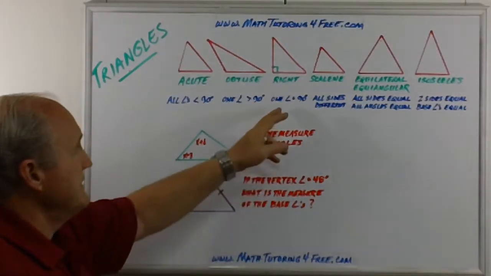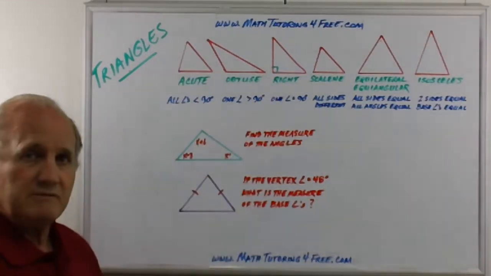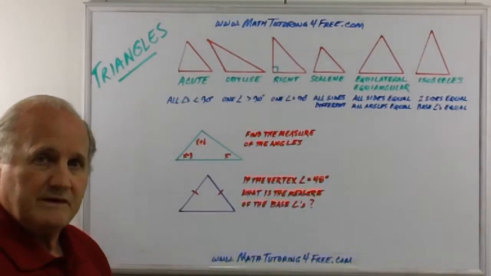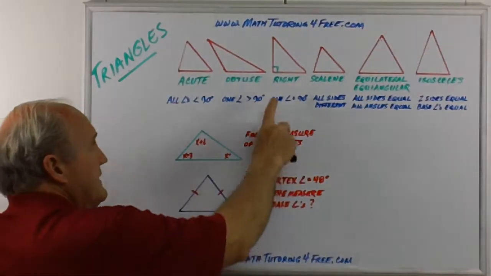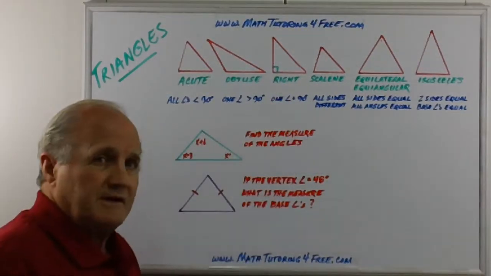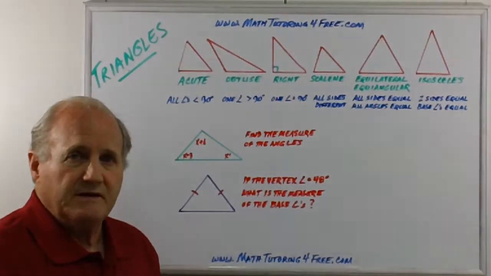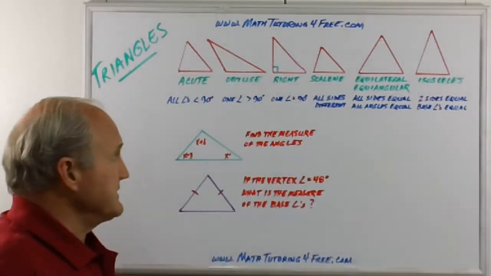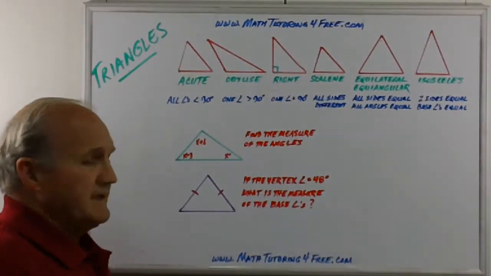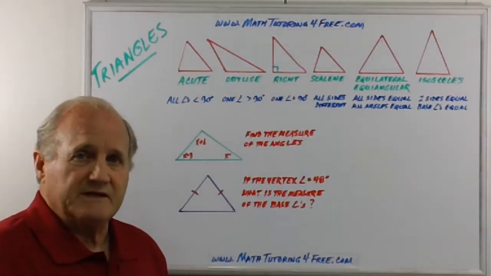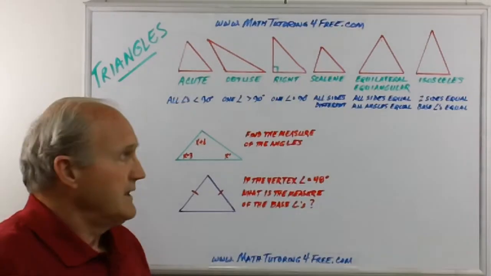A right triangle is obviously one with one right angle, and you'll notice that the right angle is always specified by a little square in the angle position. Scalene just means that all three sides are different lengths.